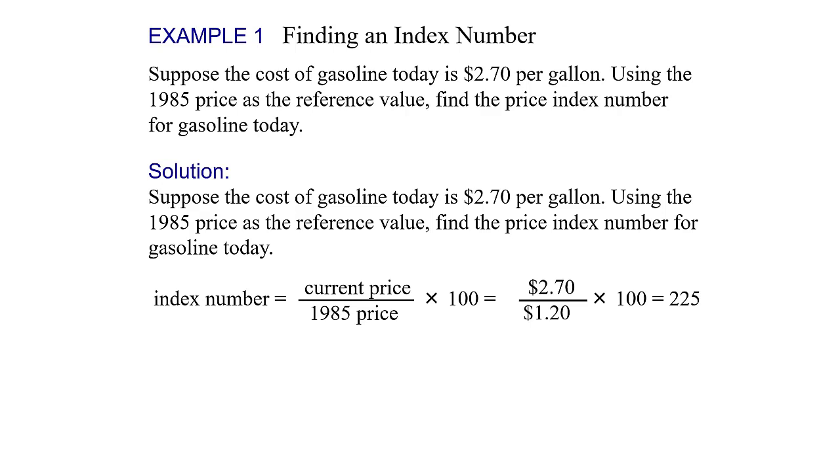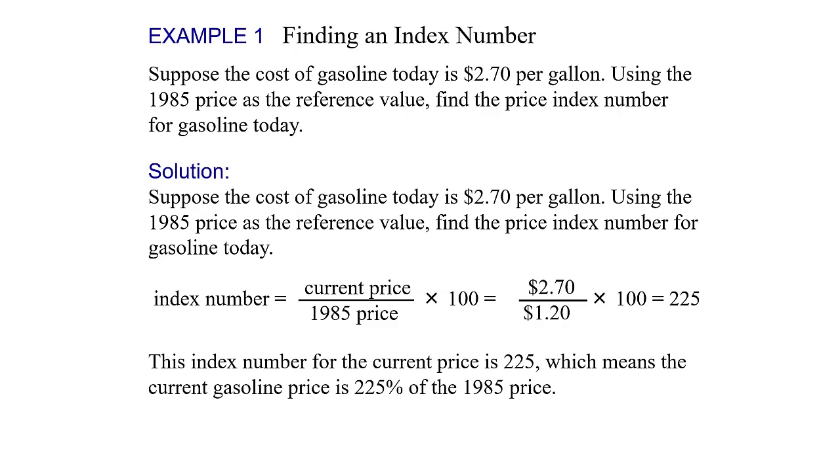We know that the index number is always the current price divided by the index price, and then we multiply that by 100 to turn it into a percentage. So 270 divided by the 1985 price, which was $1.20. That comes out to 2.25. And then, of course, when you multiply it by 100, you get 225, which means the index number is 225%.